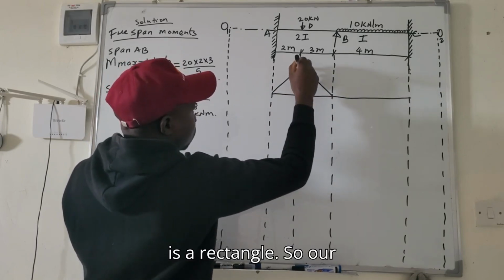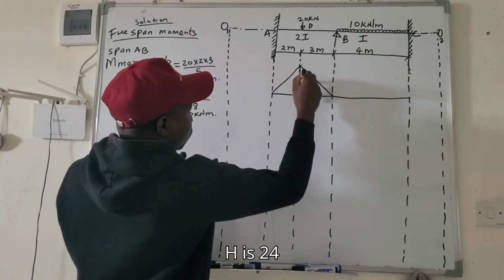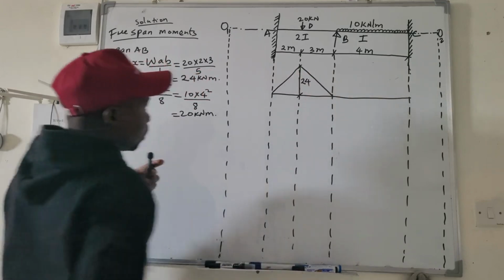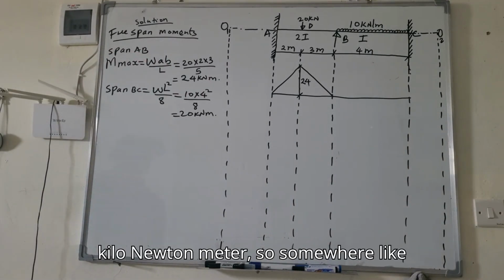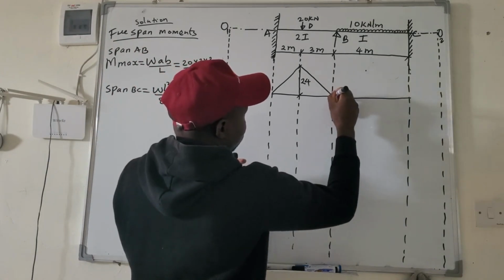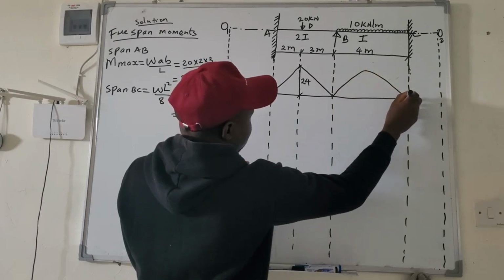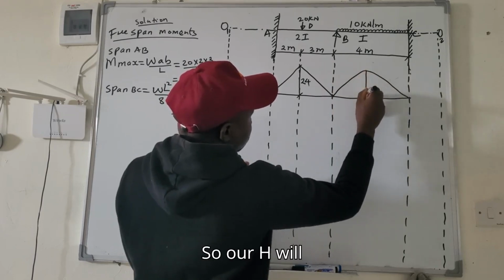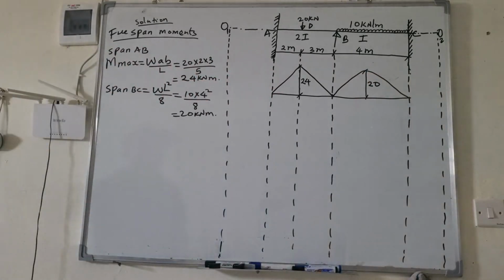It's a rectangle, so our height is 24. And BC is 20 kilonewton meter, somewhere like there, so our height will be 20.